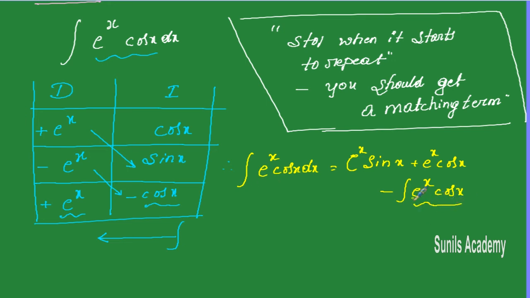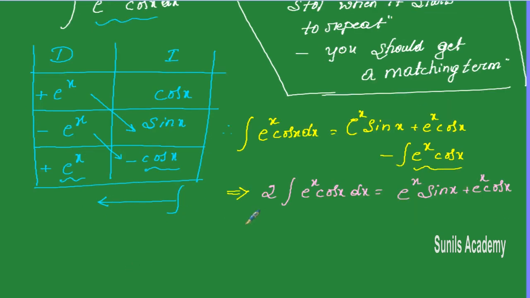So therefore we add e power x into cos x on both sides. Then we have 2 times the integral of e to the power of x into cos x with respect to x equal to e to the power of x into sin x plus e to the power of x into cos x.